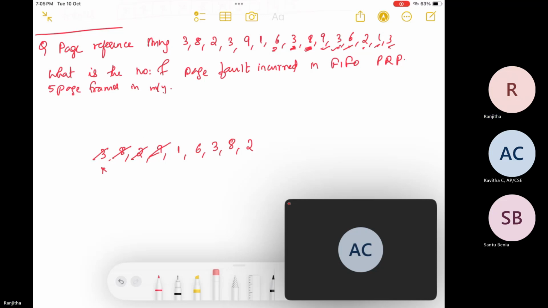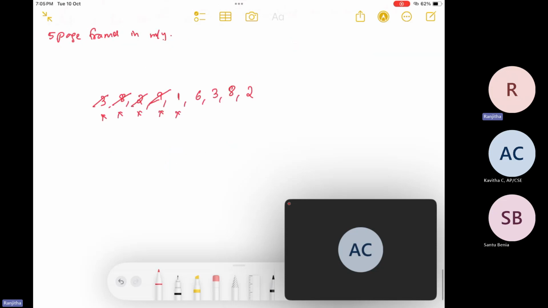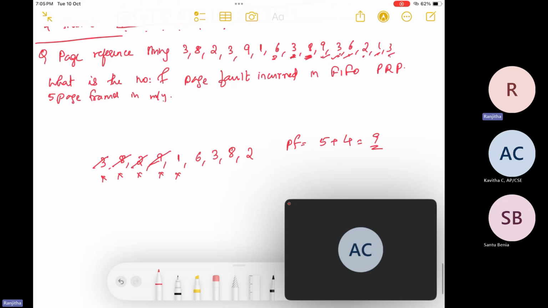So initially we had 5 page faults followed by 4 other page faults plus replacement. So the total number of page faults here is initial 5 plus another 4, which is 9.